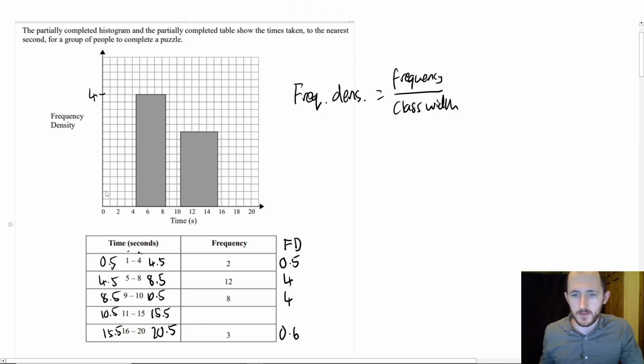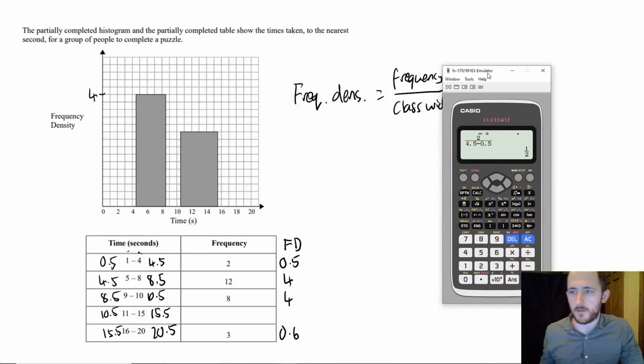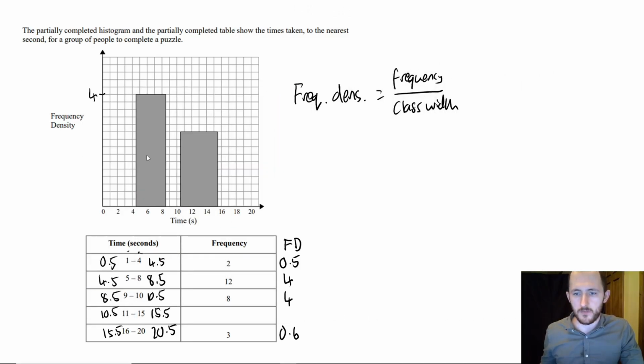So we have 1, 2, 3, 4, 5, 6, 7, 8, 9, 10, 11, 12, 13, 14, 15. So we take 4 and divide it by 15. It should also be noted that generally in exams they will put bigger squares, so they'll group the squares together, but in this question they haven't. So that is 4 over 15.